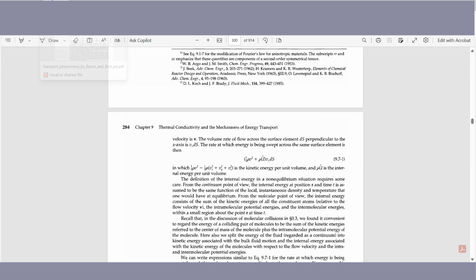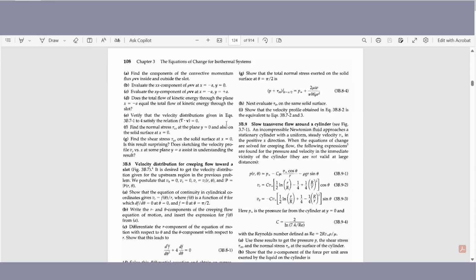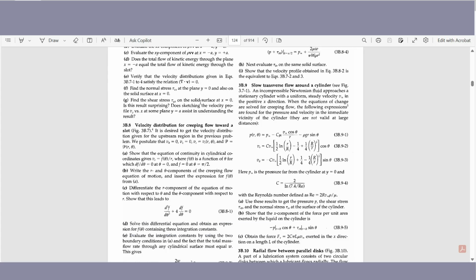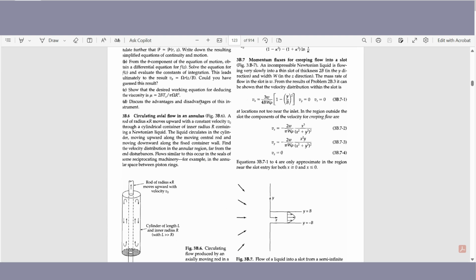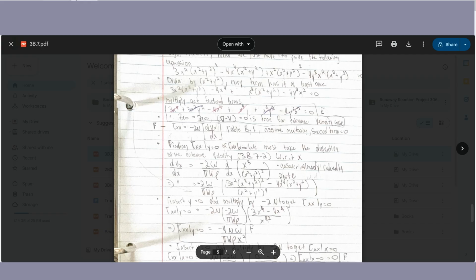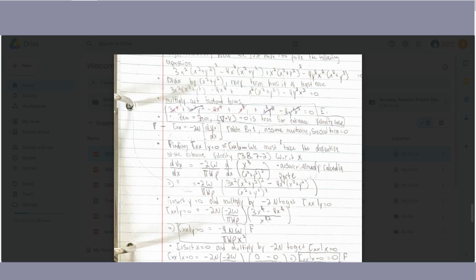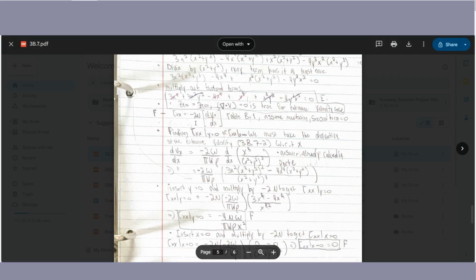If you look at the bottom of that table, it says the term goes to 0 for a Newtonian fluid, and this problem says incompressible Newtonian liquid, so that's why we can eliminate those terms. So tau xx equals this.